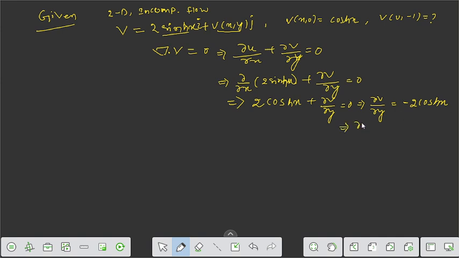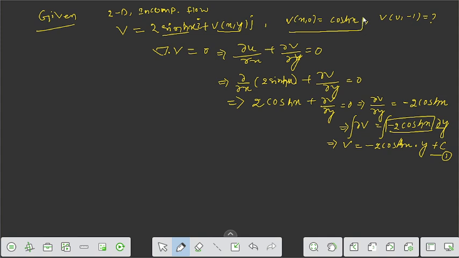So del v is equal to minus 2 cosh x del y. By integrating both sides, we get the velocity v is equal to minus 2 cosh x, as this is a y function, so treating x as a constant. The integration of del y is y plus constant. This is equation 1.